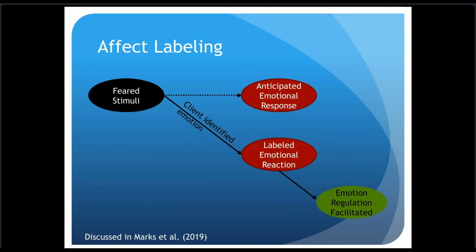Okay, affect labeling. So affect labeling is where clients have a range of predictions, as we said before, from the expectancy violations perspective. And at the same time, when you do exposure, if you're asking them about their SUDS level, you ask them a simple thing, which is, how much distress do you feel?